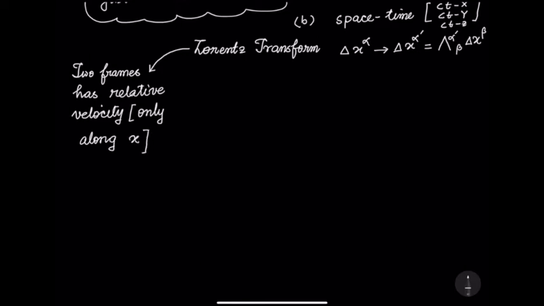So the relative velocity of the S prime frame with respect to the S frame I can write as beta times c times x cap. Okay.